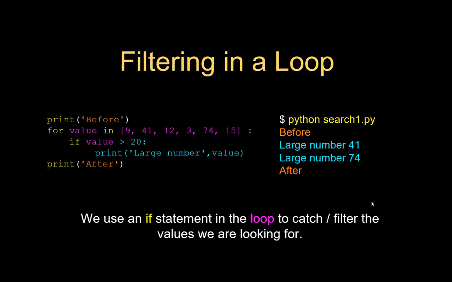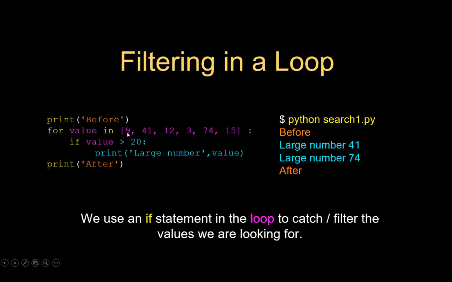So we're going to start by printing before. So we have before here. We're going to have a for loop for this set. If the value is greater than 20, we're going to print large number and the value.